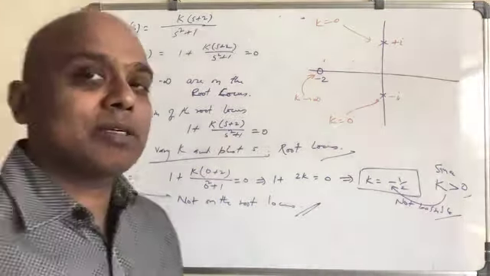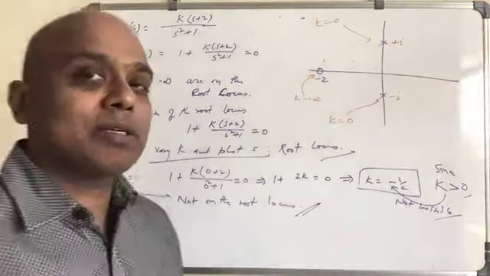Hence it becomes minus infinity square divided by minus infinity, which becomes plus infinity. So basically k is a positive number and infinity is allowed. So we see s equal to minus infinity is on the root locus.